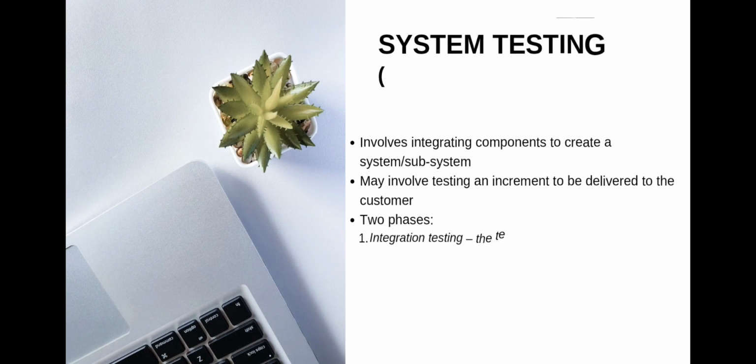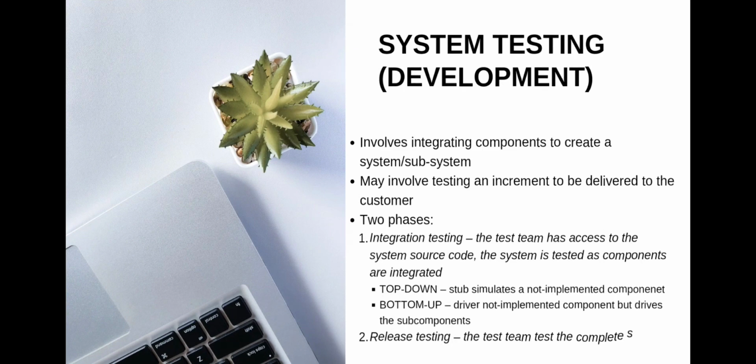System testing, which is development testing, involves integrating components to create a system or subsystem. It may involve testing an increment to be delivered to the customer. There are two phases involved. One is integrated testing, where the test team has access to the system source code.